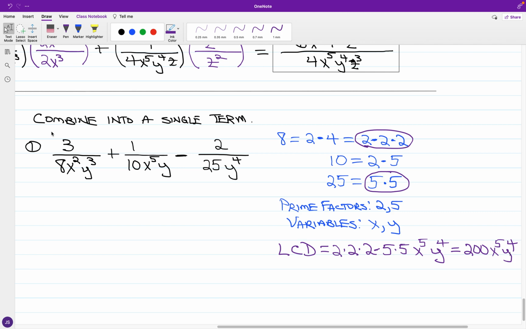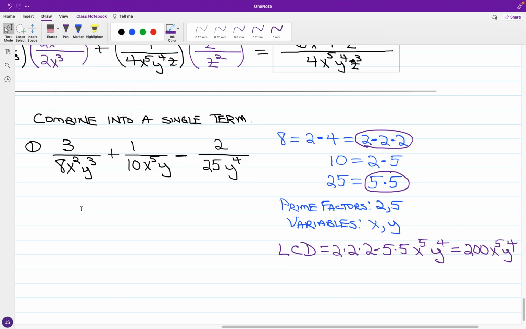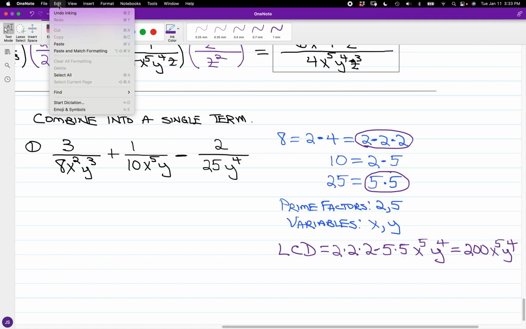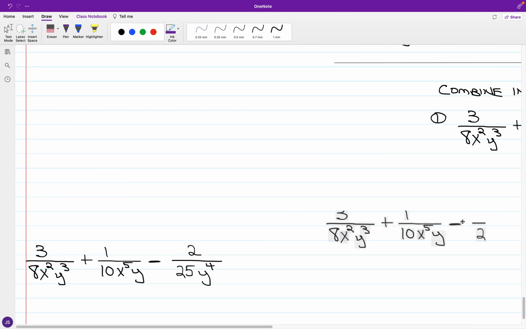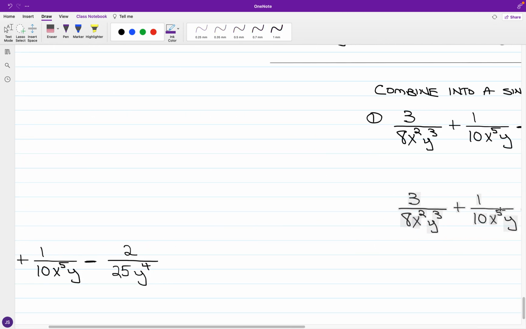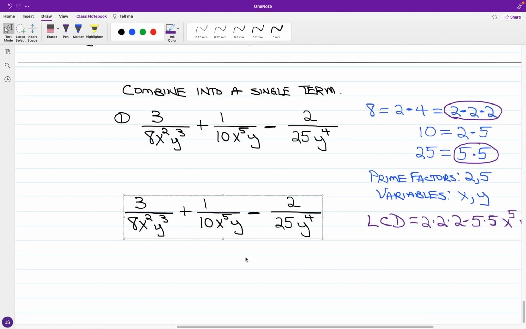And looking at taking what we have with the ratios, we'll raise them in terms of the least common denominator.